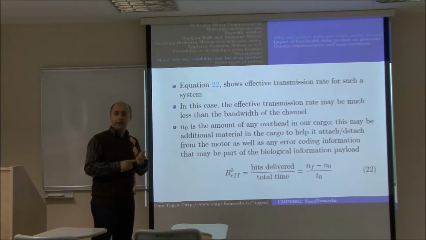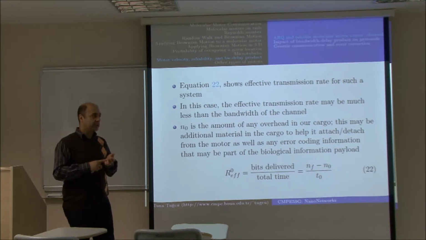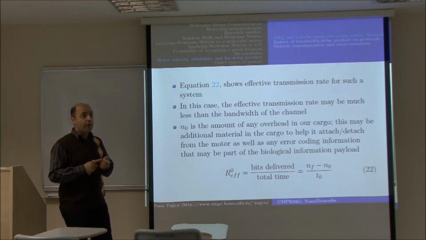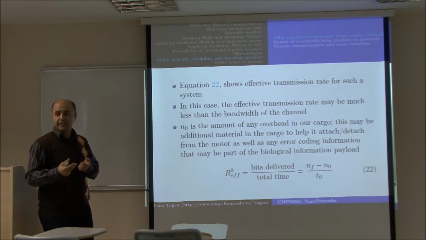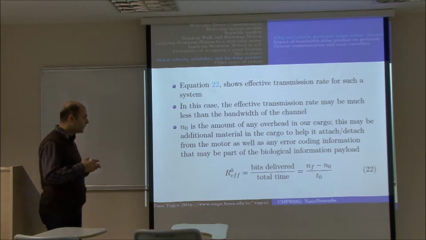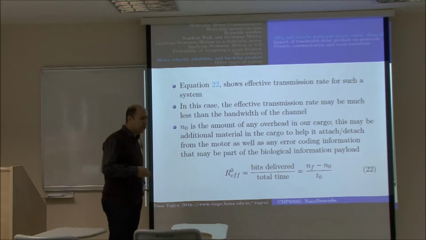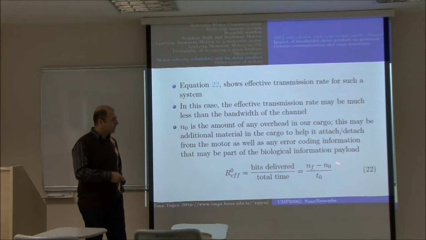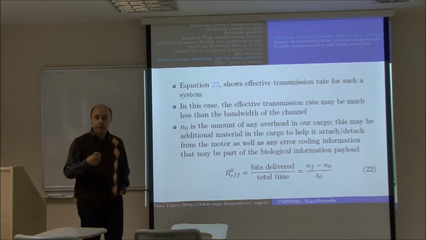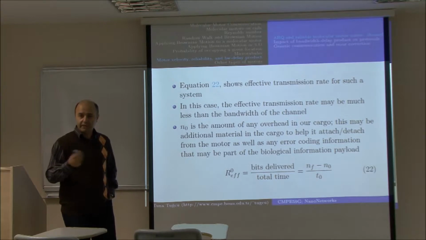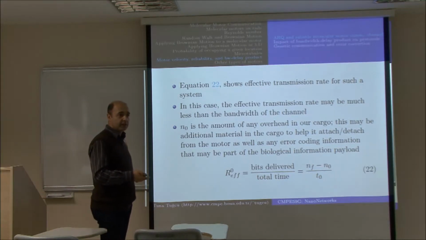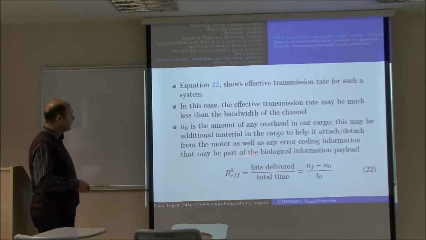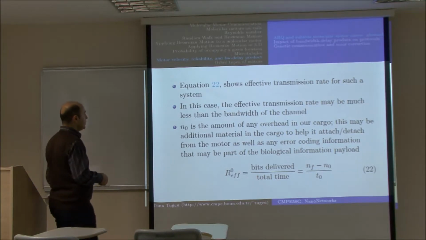The source identifier, the destination identifier, maybe a sequence number, maybe some additional bits for redundancy against errors, like the CRC checks or others. So you have to subtract that overhead to find the number of useful data bits, here in the numerator, divided over the time it takes for the round trip transmission, because only after t_0 can you put the next packet on the link. Okay? So that would be our effective transmission rate.